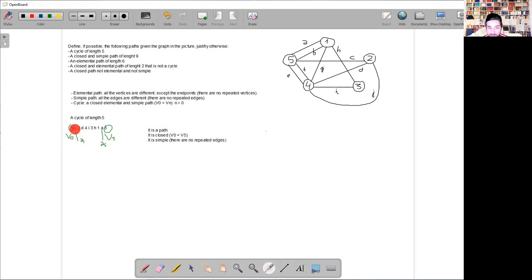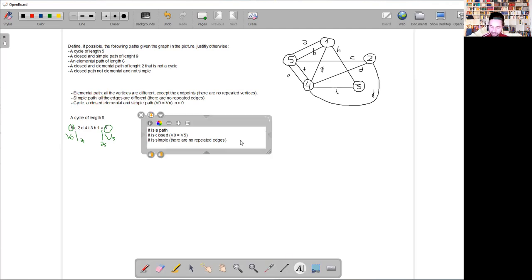Anyway, it's more or less the same. You can see how here we have C, D, I, 8, A. All of them are no repeated edges. And now in elemental, it is elemental, so there are no repeated nodes.